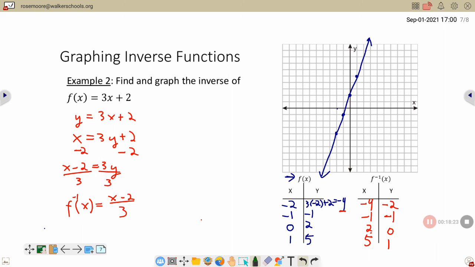Plotting this, you start at -4, -2, -1, -1 happens again. Then we have 2, 0, which is right over here, and then we have 5, 1. So this is a not steep line. And that is our inverse function.